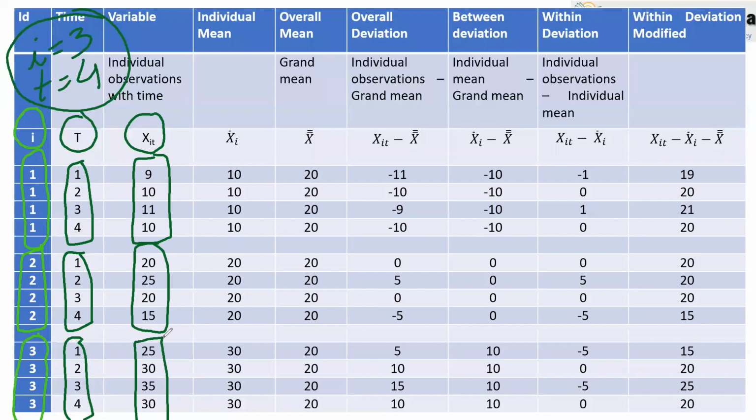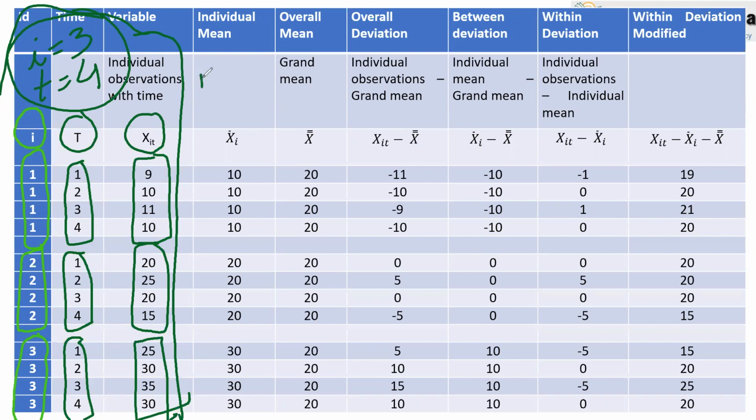Okay. Now this is the data which we have. After that, there's only the calculation. So up to this, we have the data set, right? Now see very clearly. First of all, we find out the mean of every individual. The mean of 9, 10, 11, 10 is 10.